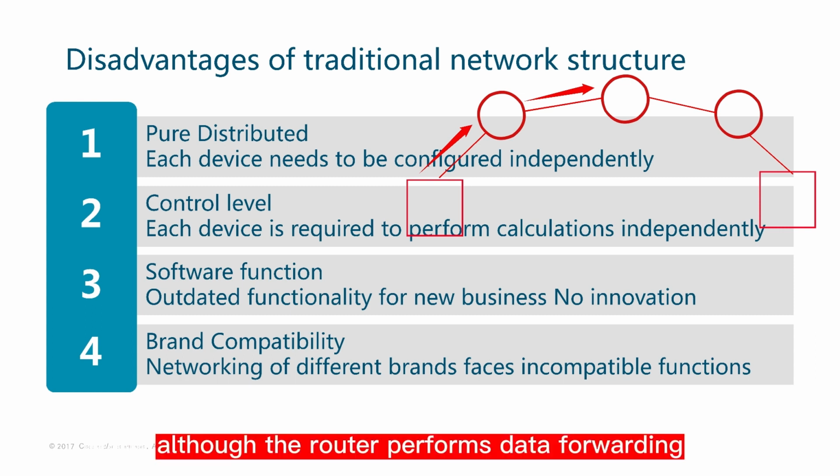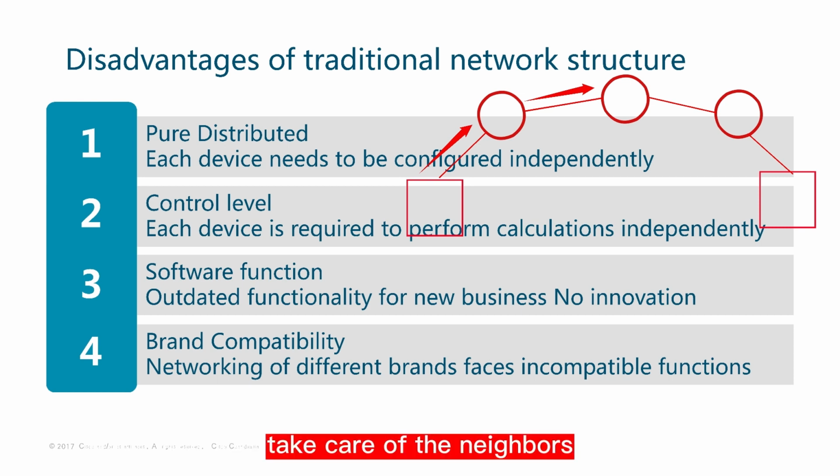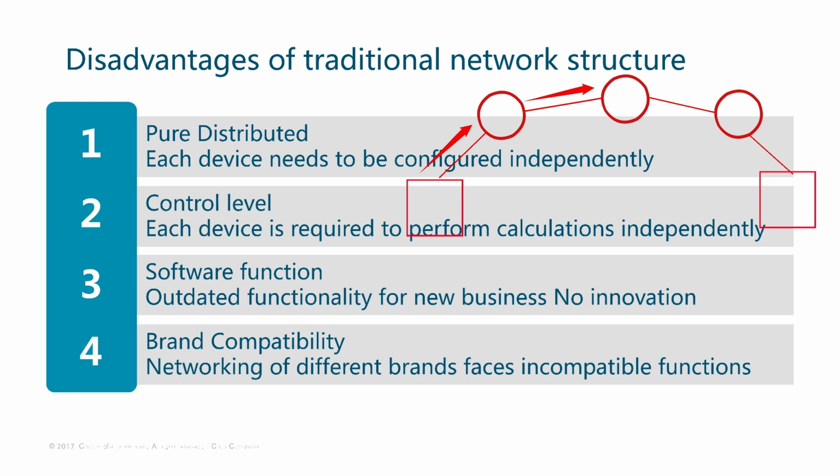So, although the router performs data forwarding, it needs to maintain its own routing table. You have to exchange messages every day and take care of the neighbors. If not, the device has to recalculate, plan the route, switch some ready lines, etc. These are calculations.